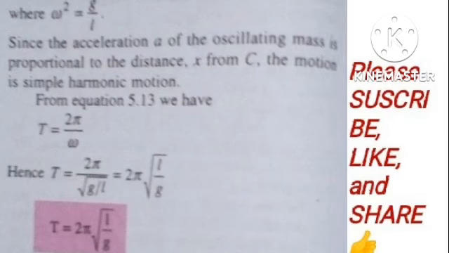We won't talk about the derivation of this, but basically if you plug that into the equation, T equals 2 pi over angular velocity, you can represent that as 2 pi over the square root of g over l. So that would be equal to 2 pi root l over g. So this is the equation that represents the relationship between the period of motion and the length.